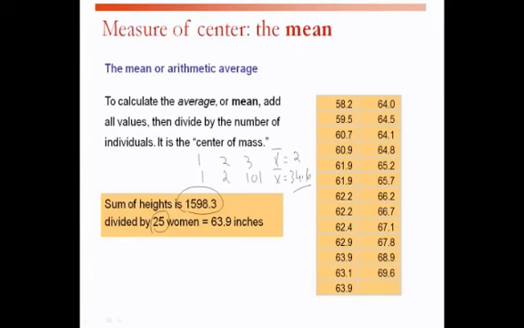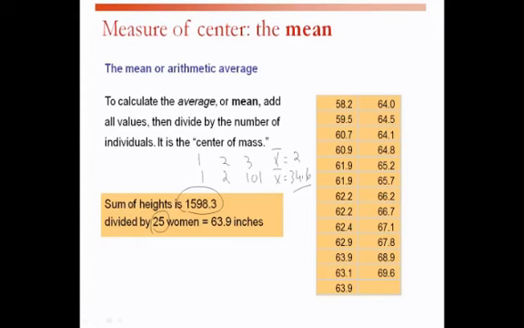Close, that's good though. What happened? One number. Look what happened to the mean. It got pulled towards that one number, didn't it? So what does that tell you? The mean is influenced by extreme values.